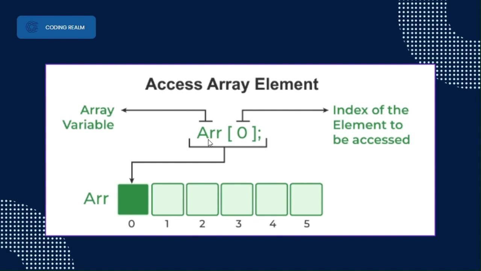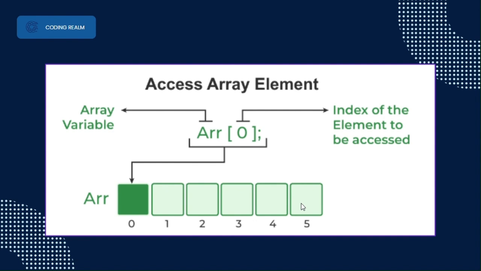The access of the array element is arr[0]. For element number 4, the array variable name is arr, and the index is 3. And the last element has the index 5. The access of the array element here is arr[5].